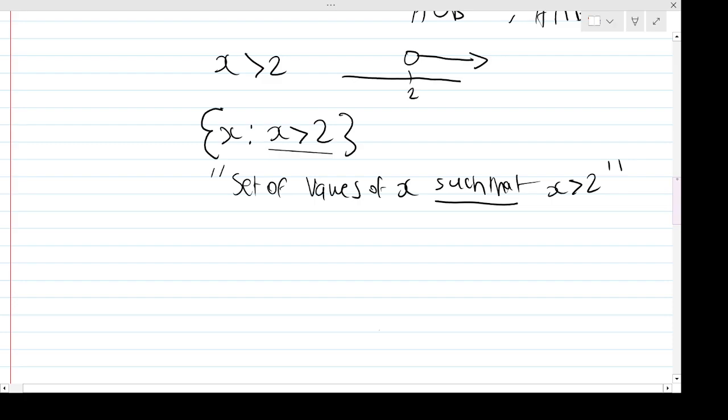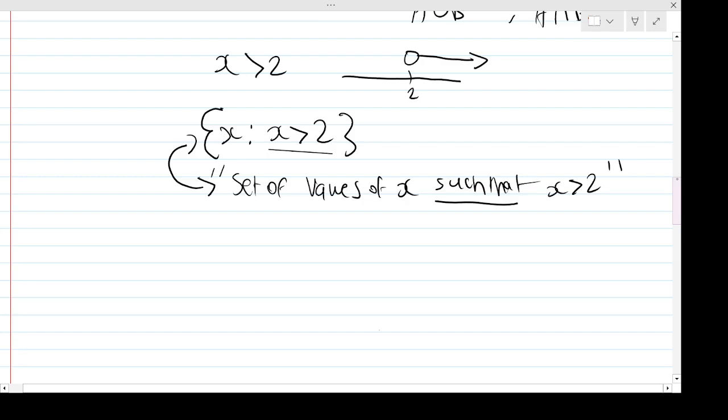That's all it means. All you need to know is we can describe in English this sentence, the set of values of x such that x greater than 2, and we can convert that into this set notation here. So a curly bracket, the set of values of x inside the curly bracket, x, colon, x greater than 2.